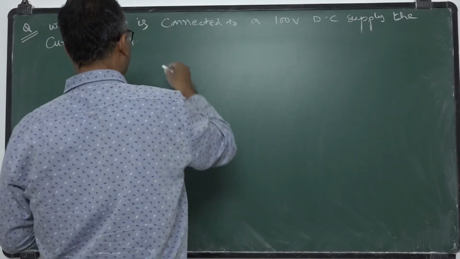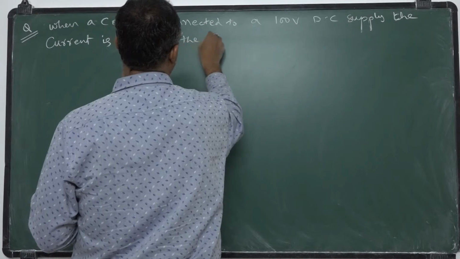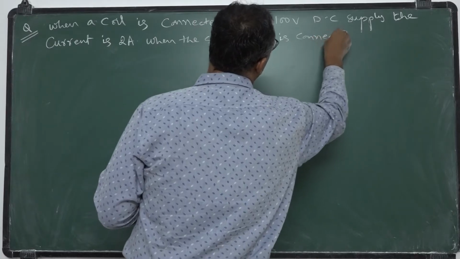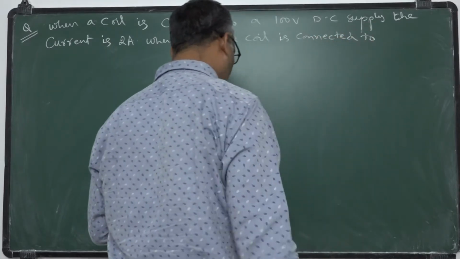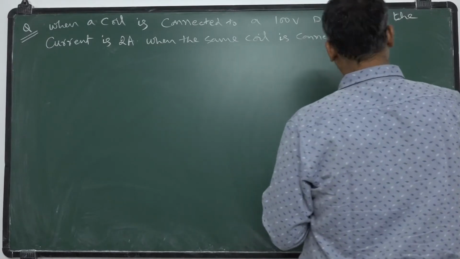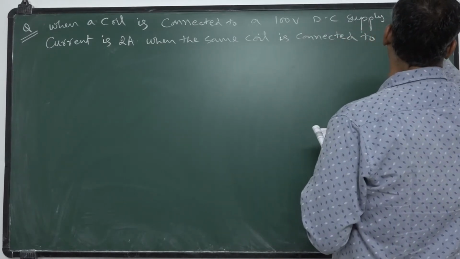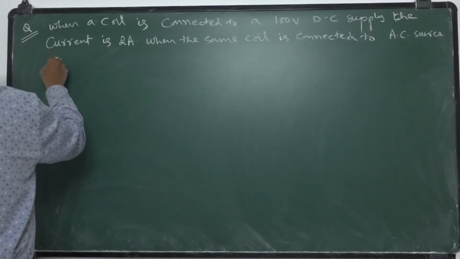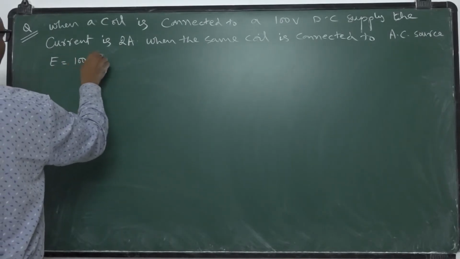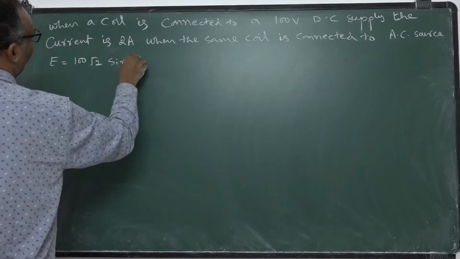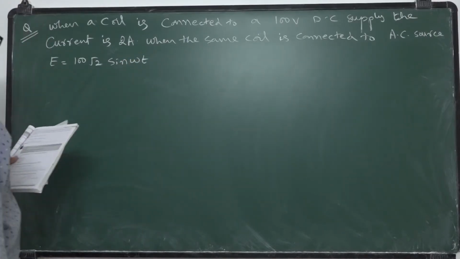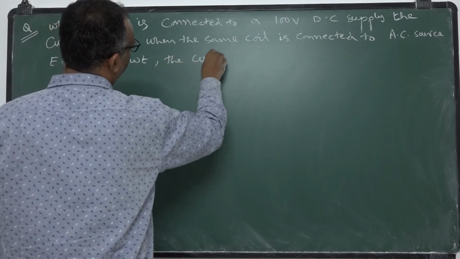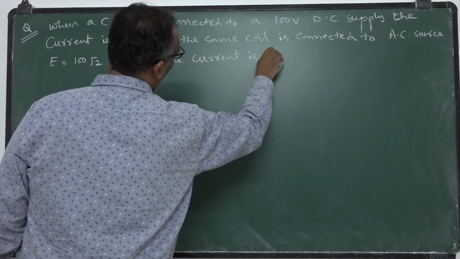When the same coil is connected to an AC source, EMF or voltage is given by 100 root 2 sin omega t, the current is 1 ampere.